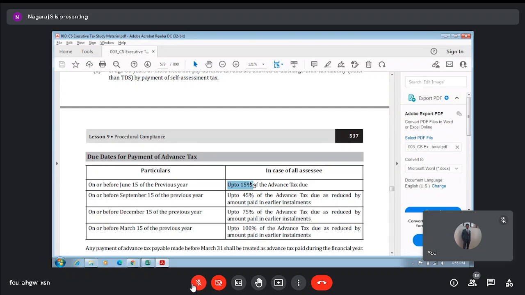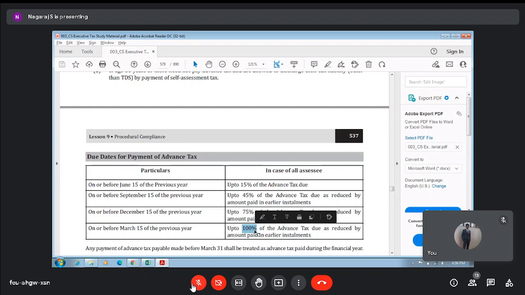In this 15% you have paid now, minus that, the cumulative should be 45%. In simple way, on September 15th, the cumulative advance tax should be 75% of your advance tax. On 15th March, whatever advance tax you have estimated, you should have paid 100%.